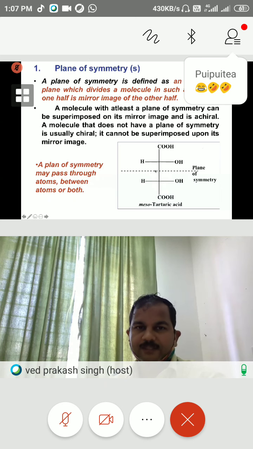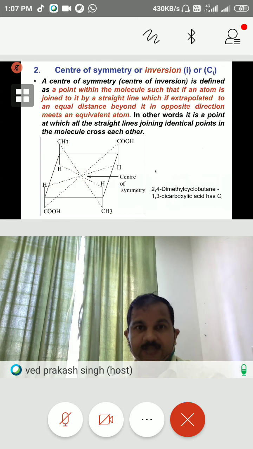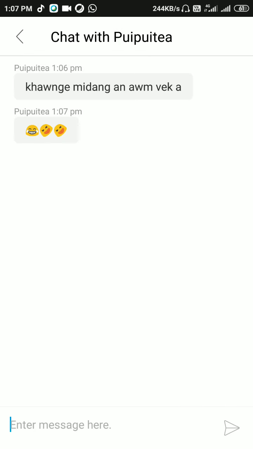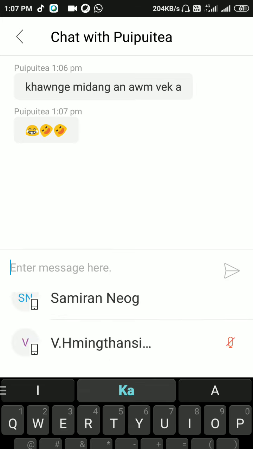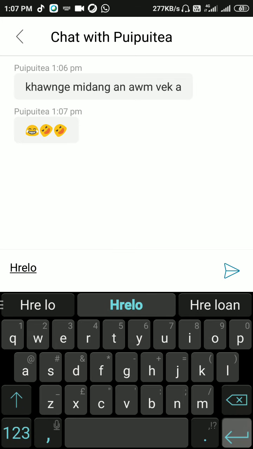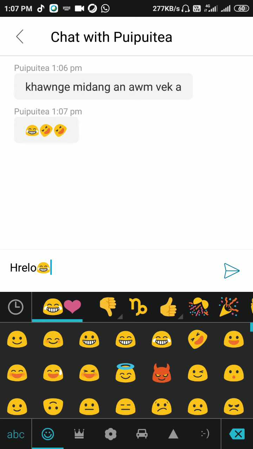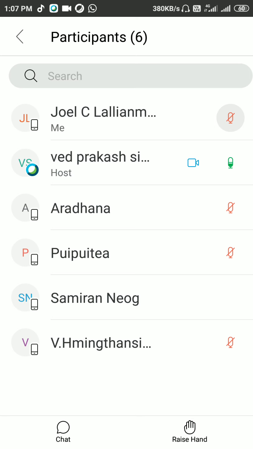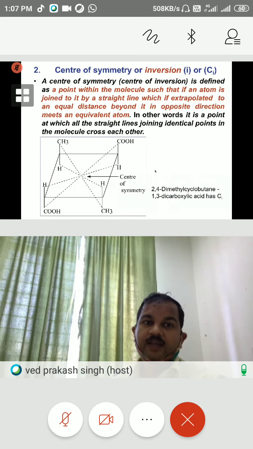Now center of symmetry. The center of symmetry is defined as a point within the molecule such that if an atom is joined to it by a straight line, and the line is extrapolated to an equal distance beyond it in the opposite direction, it meets an equivalent atom.